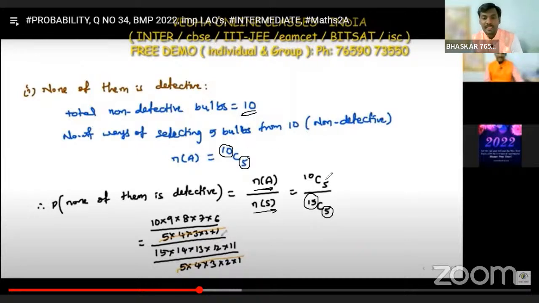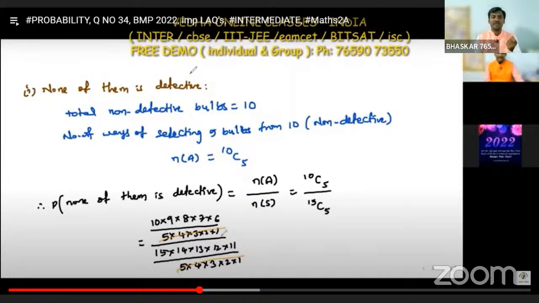For 10C5, multiply the factors in descending order: 10 into 9 into 8 into 7 into 6 divided by 5 factorial, whole divided by 15C5, which is 15 into 14 into 13 into 12 into 11 divided by 5 factorial.